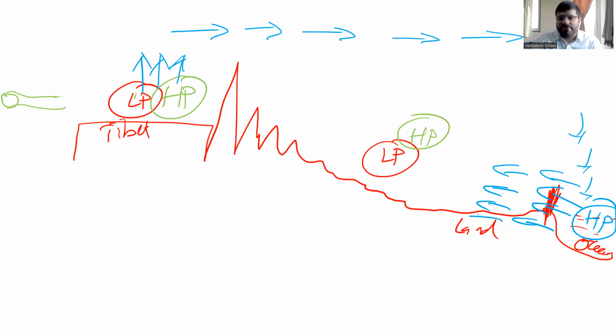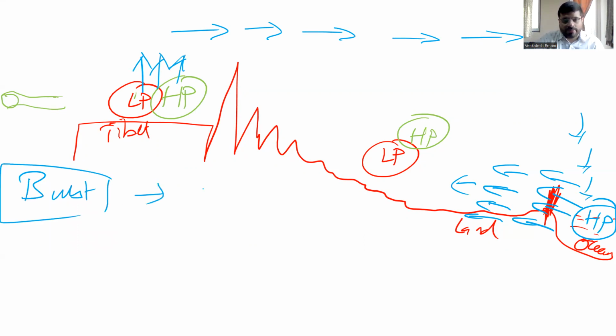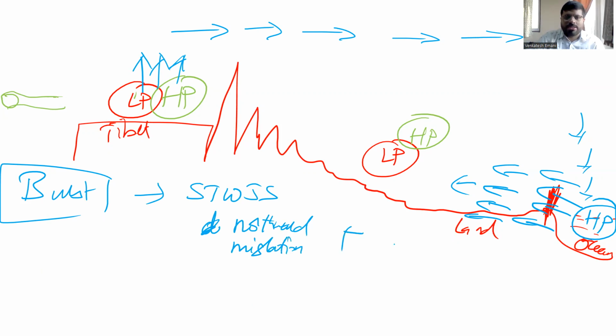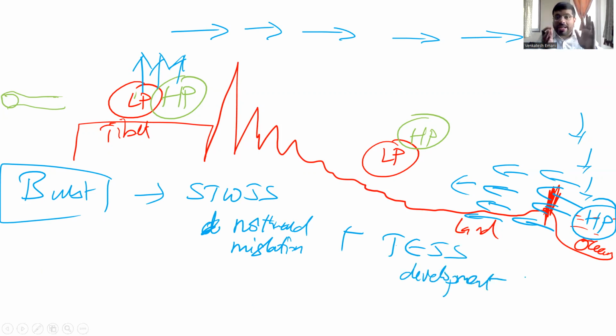So the analogy is the burst of the monsoon. What is the reason for the burst? The subtropical westerly jet stream's northward migration plus the tropical easterly jet stream's development. They are developing the contrast between the low pressure and the high pressure. Because of this, there is a burst.